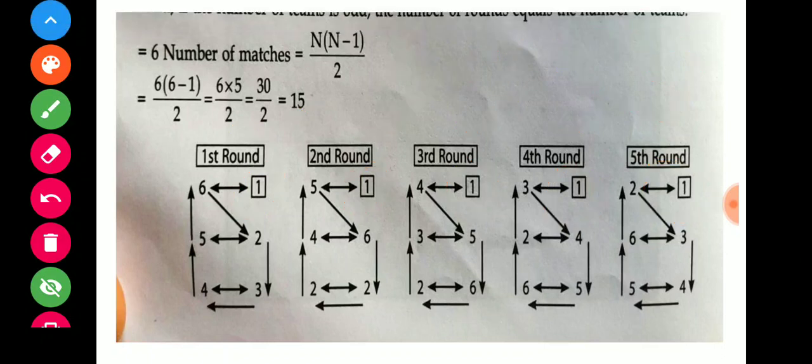Here 1 is fixed and the rest of the teams make a cycle in such a way that the placement is made, so it is called the cyclic method. Let us start placing the teams in each round and show how the matches would be conducted.